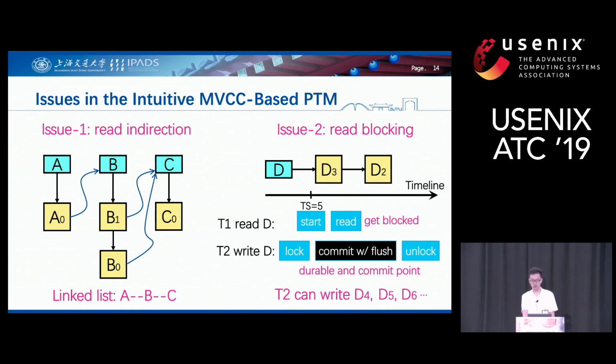Specifically, when a reader accesses an object which is being locked, the reader may be blocked until the writer commits. As the example on the right shows, T1 starts with timestamp 5 and wants to read object D, while T2 locks the same object. Here, T2 may commit D4 or D5, so T1 must be blocked instead of directly reading D3.